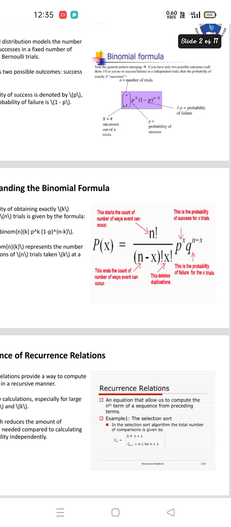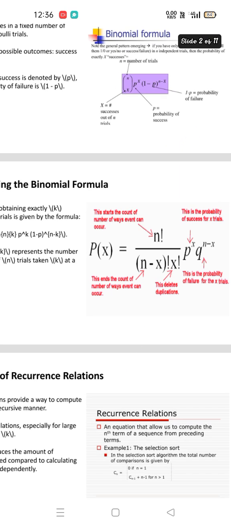P(x) = n factorial divided by (n minus x) factorial times x factorial, times p^x q^(n minus x).